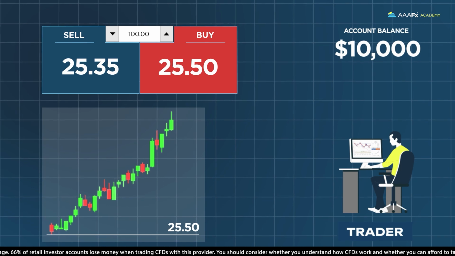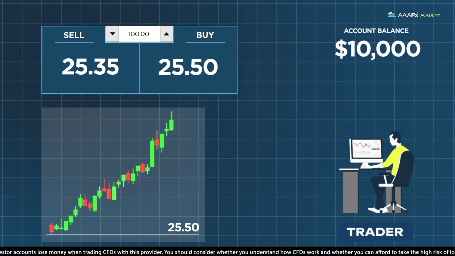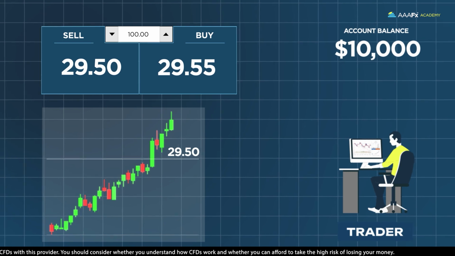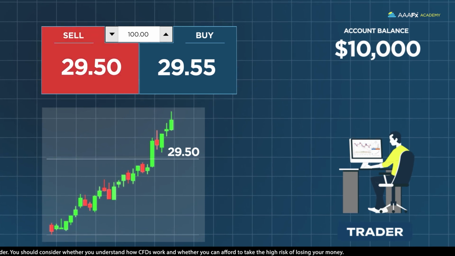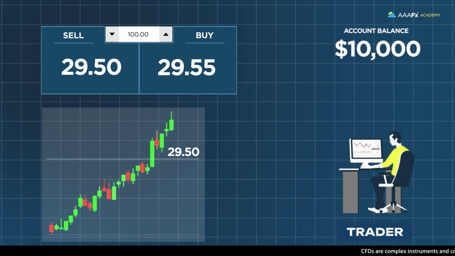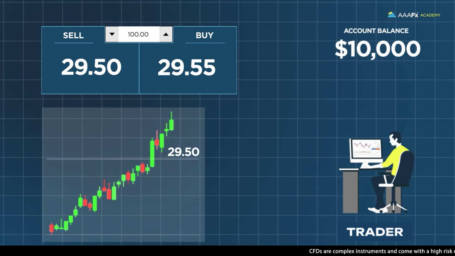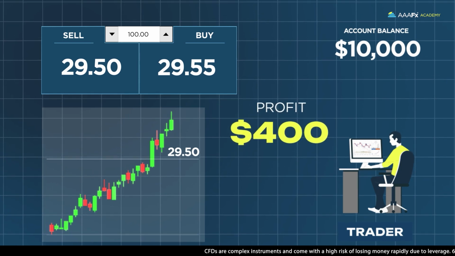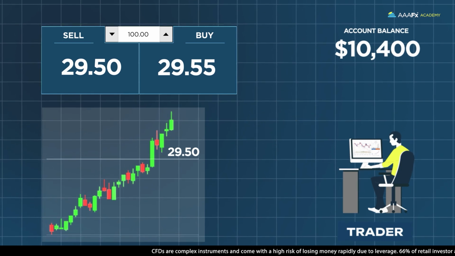Now, if your anticipation proves correct and the market price of silver indeed rises to $29.50, you're in luck. You can close out your trade by selling your contract at this higher price. This action settles the difference between the CFD's opening price and the closing price, resulting in a profit of $400, which will be added to your account balance.